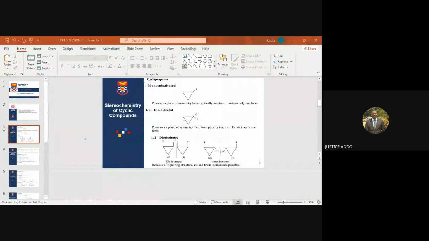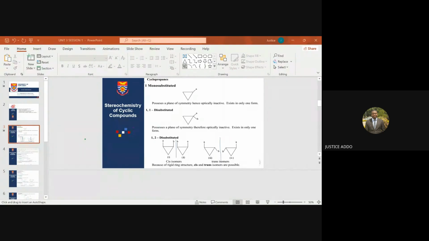So I've given you two different compounds: 1,2-diethyl cyclopropane and then 1-ethyl 2-methyl cyclopropane. So describe the stereochemistry of these two. First of all, since they are 1,2-disubstituted cyclo compounds, you need to look out for possible cis isomers and then trans isomers.